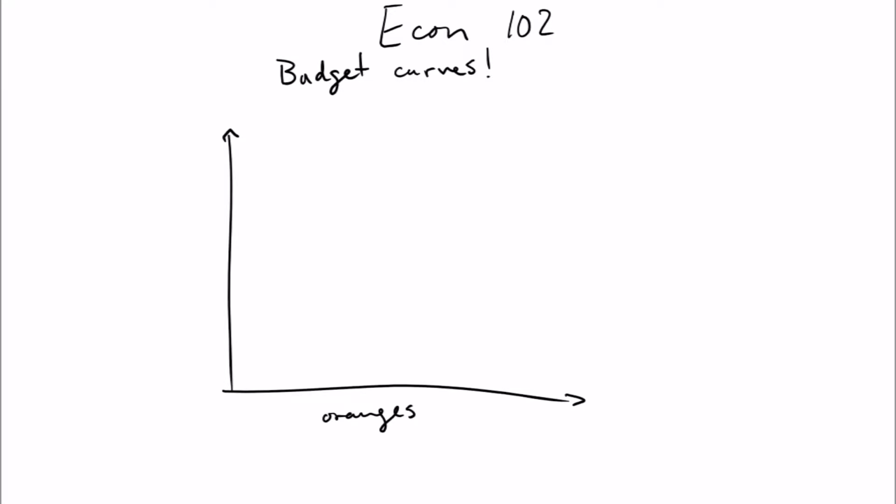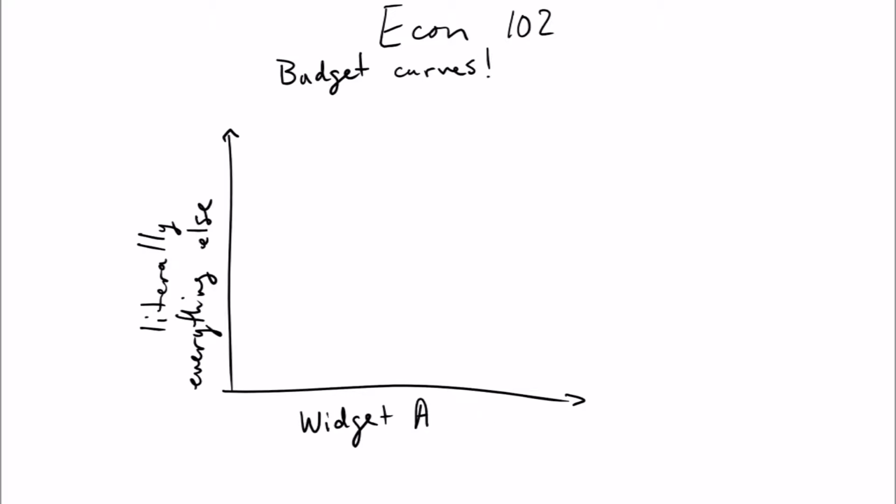Now, a budget curve: on one axis you have oranges or widgets or something, let's call it widget A. And on the other axis, you'll have literally everything else. The idea is that with a fixed amount of resources, you can only afford some maximum quantity of either one of these.